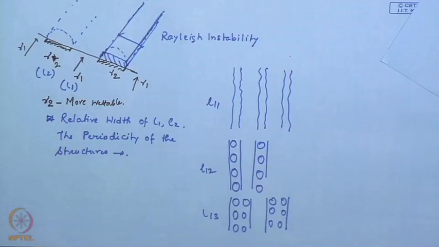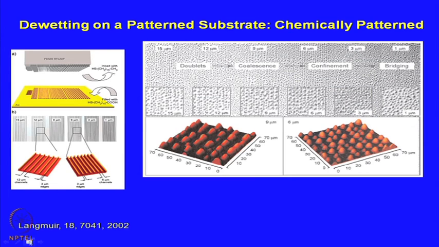But you can see that as compared to, for example, if you look at this particular figure, you can see that you again have droplets which are common in dewetting, but these droplets are no longer completely random, but they are pretty well aligned. So, this can be easily accomplished with microcontact printed surfaces.